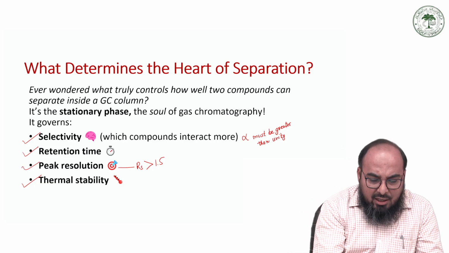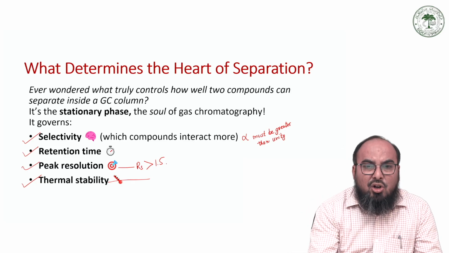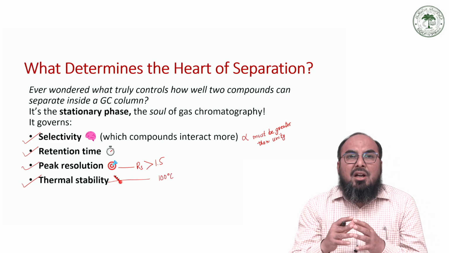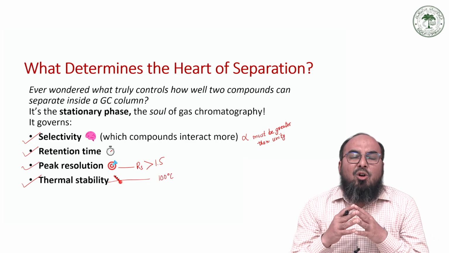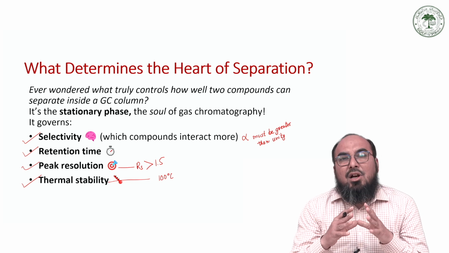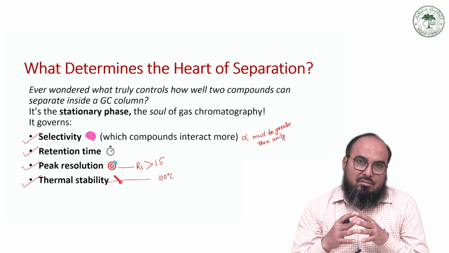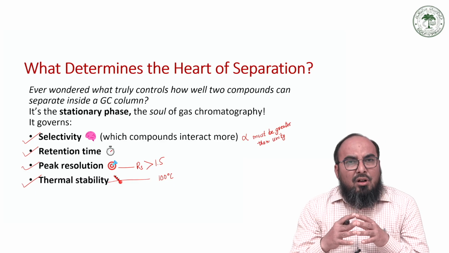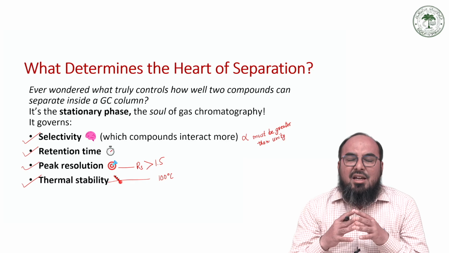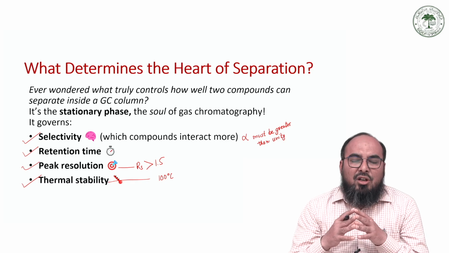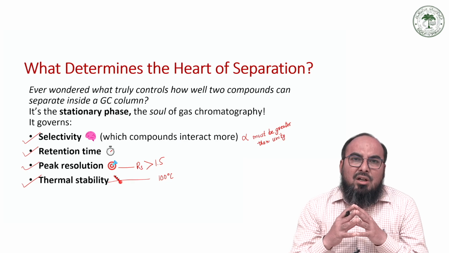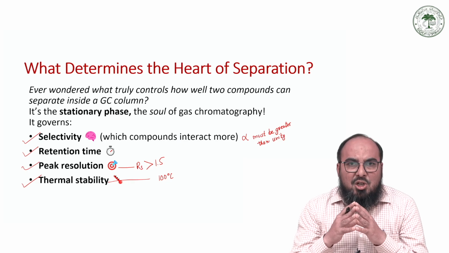A clear marker is that your stationary phase has at least a 100-degree greater boiling point than the components of the volatile mixture. That is the golden rule. The golden rule for column temperature was 50 degrees centigrade, and for a stationary phase it is 100 degrees centigrade. So you have to remember this golden principle with regard to the thermal stability of the stationary phase.